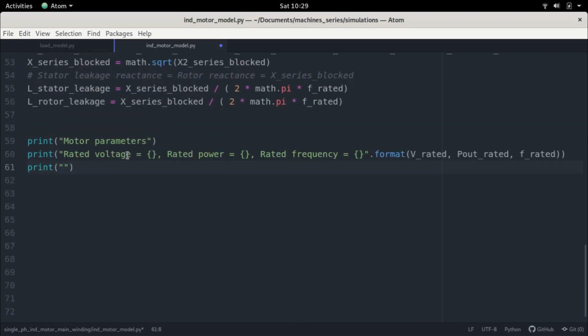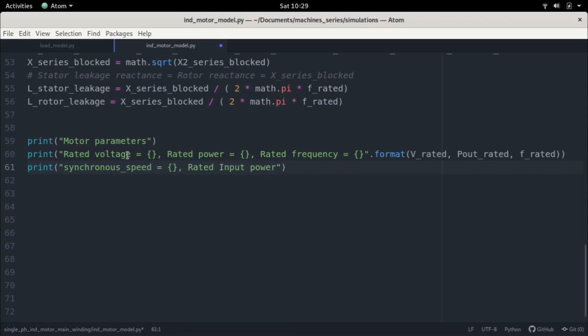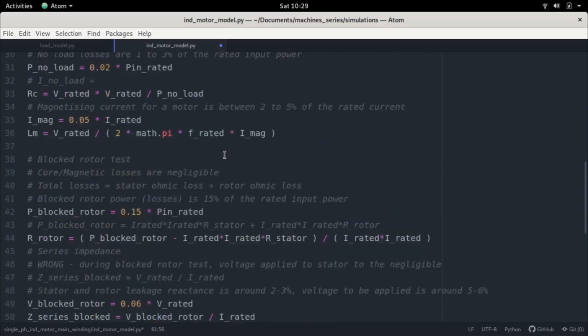So for example, we'll say synchronous speed is equal to, and we'll say input power, let's call this rated input power, and the last is rated current.